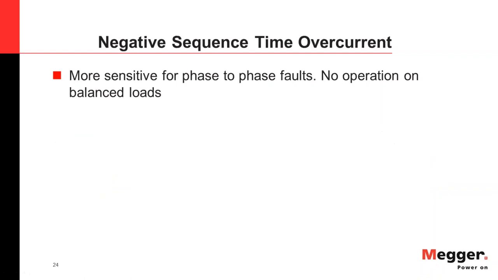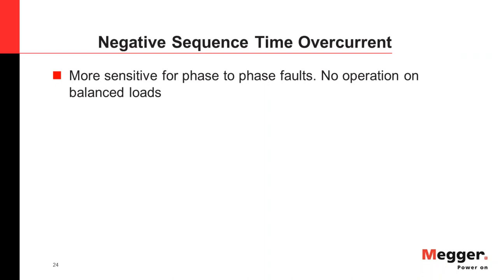Another example, let's talk about negative sequence time overcurrent. We have all seen the normal phase time overcurrent curves and how they are applied to protect the system from overcurrent conditions. But now we can see the concept of negative sequence, since we know what exactly they are.